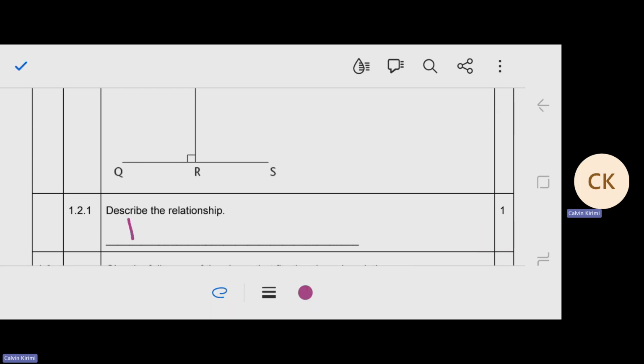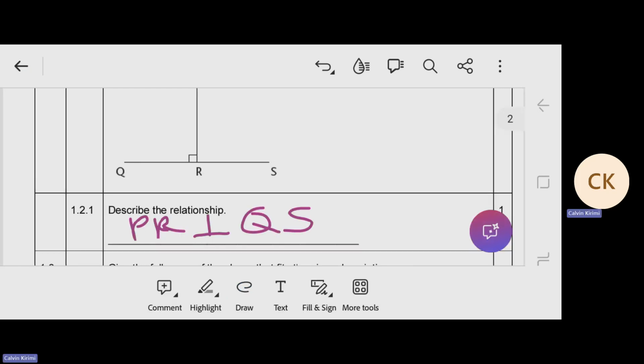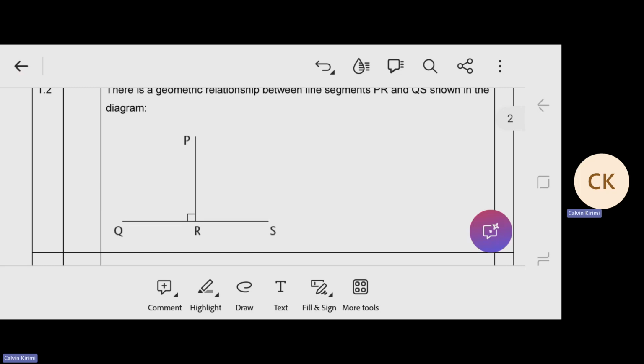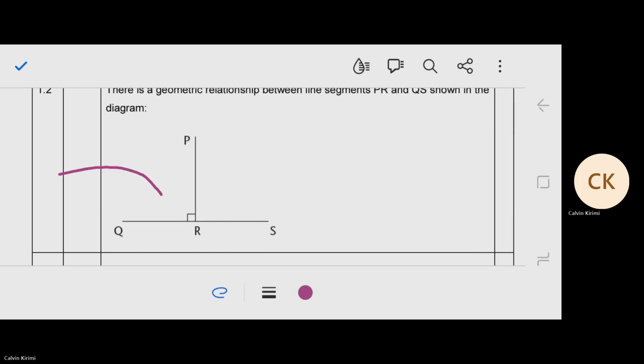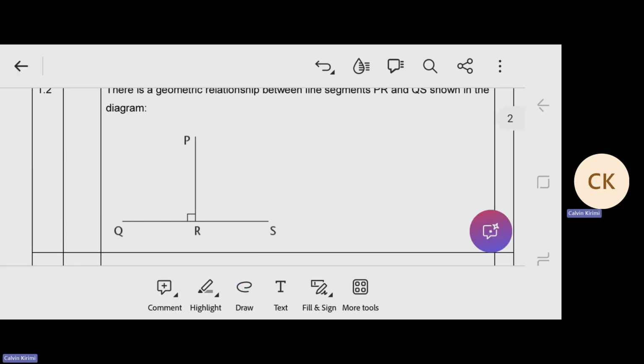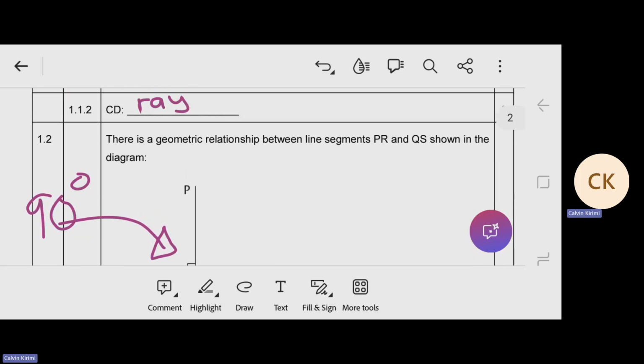So we are supposed to write that PR is perpendicular to QS. Why perpendicular? Because this is 90 degrees.